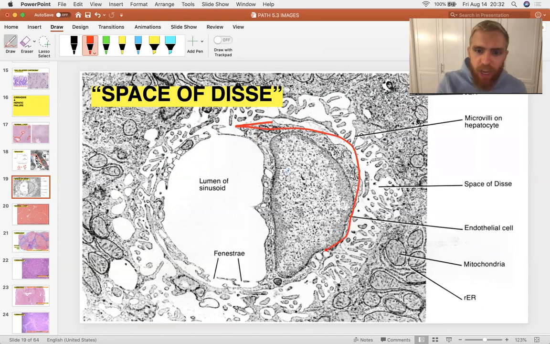That's the one that's kind of shaped like a crescent moon, obviously. And you can see literal fenestrations, literal holes in the membrane of that endothelial cell that's allowing blood to diffuse into the hepatocyte. And then around the endothelial cell, you're seeing this whited out area that's pretty empty. And on the other side of that area is a hepatocyte. And so that whited out area is the space of Disse.